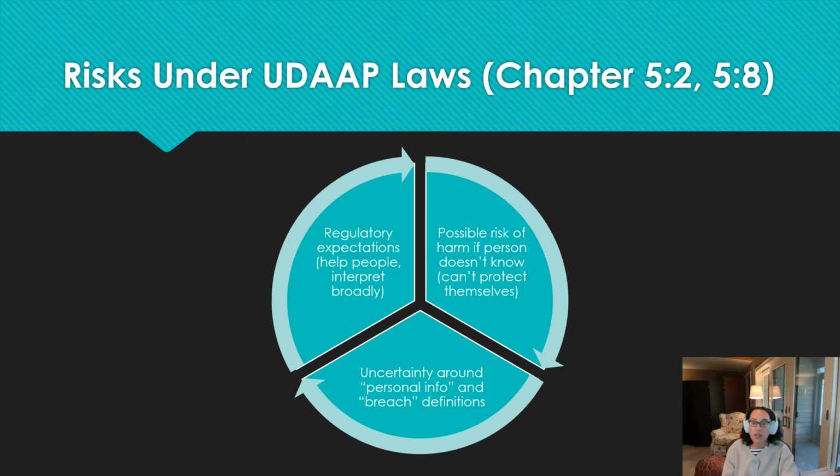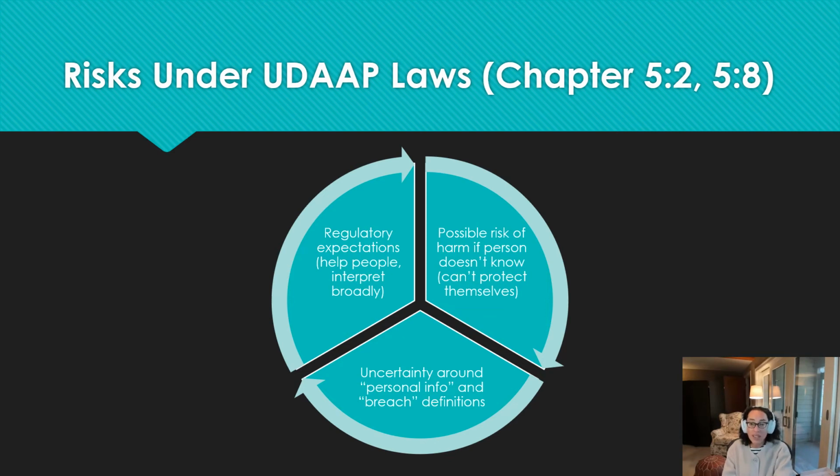So first, under the Unfair and Deceptive Trade Practices laws, often referred to as UDAP, Unfair Deceptive Acts and Practices, under these laws, and this is covered in chapters 5.2 and 5.8, we have issues or risks under allegations of unfairness. We were fundamentally unfair because we didn't tell people information that they could have used to protect themselves. That's one factor.